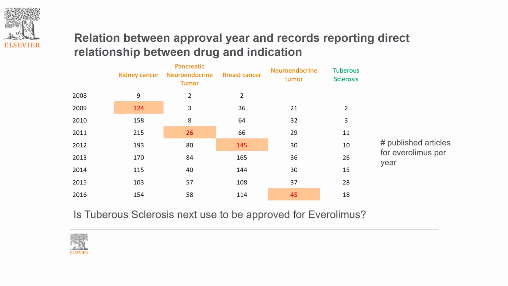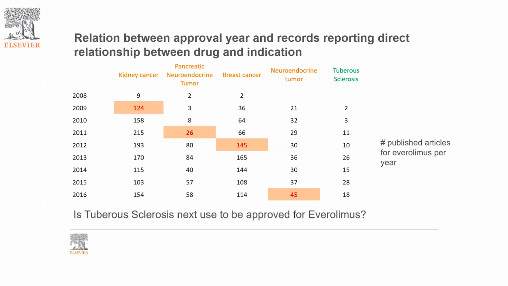You can easily extract the number of publications every year, how many publications there were 3 years ago, 4 years ago, and compare it by the different indications for this drug, compare this information with other drugs, and make your decision. Is it reasonable to do this or not?